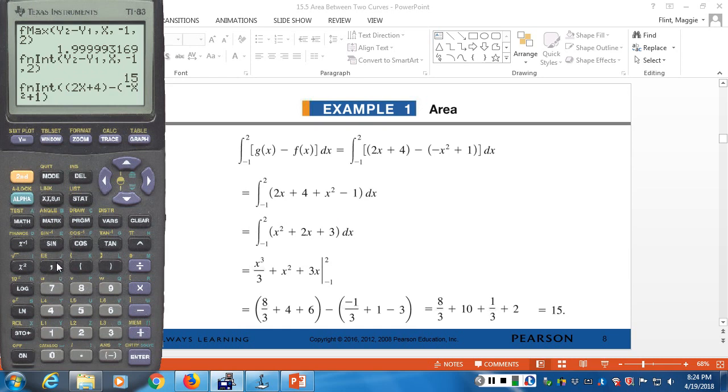And then the second argument is going to be always, what's the derivative with respect to? Well, that's always x. And then the last two pieces of information are your lower and upper limits. So from -1 to 2. And it is 15.